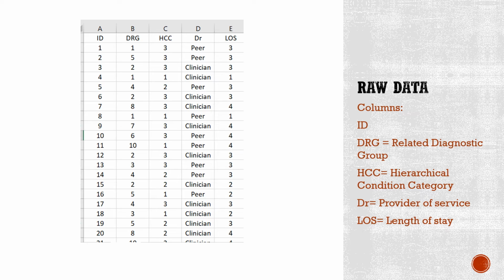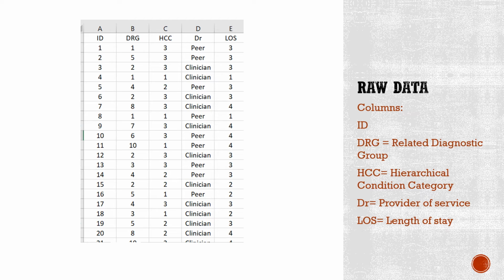So let's look at the data before we get into the analysis. The Excel file has 151 rows. We have the ID column, that's our key. We have DRG, that stands for Diagnostic Related Group. We have the HCC column, that stands for Hierarchical Condition Category.